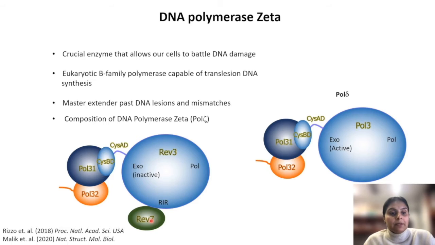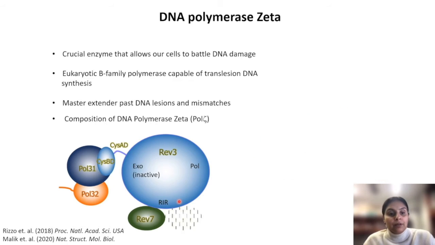So for a long time it was thought that there is one binding site of Rev7 in the RIR domain of Rev3. However, recently there was a second binding site discovered in human Rev3, and we were the first ones to molecularly characterize the dimeric Rev7 structure in the Pol zeta holoenzyme.